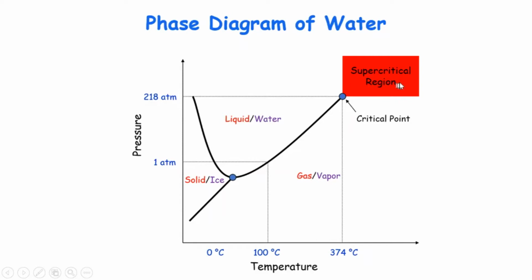Now take a look at this region. It is called the supercritical region, or the supercritical state. That is when the temperature and the pressure are greater than the critical point. In water, the critical point is very high. So that's the so-called supercritical state.